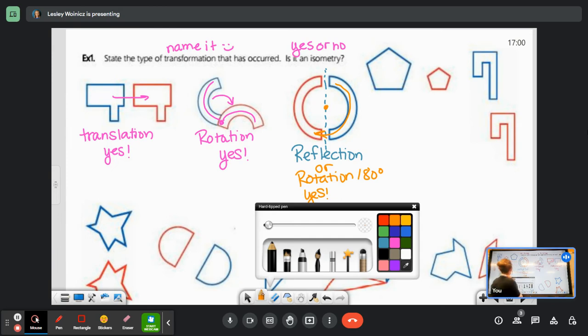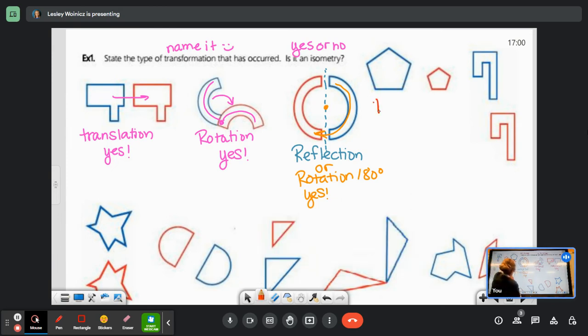The next one is a dilation. You can see that these angles are going to match, but the little red pentagon is obviously smaller than the blue one, so this is not an isometry.